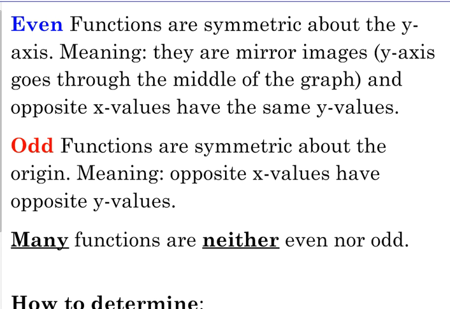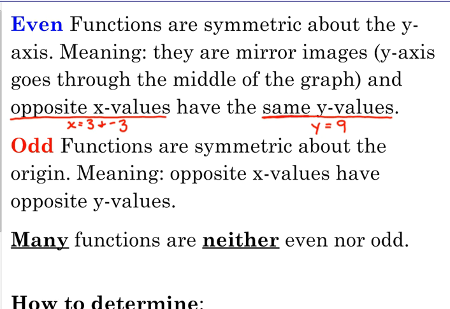But here's the key. Opposite x values have the same y values. Okay? Opposite x values have the same y values. So if I'm using x squared, for example, when I look at the table, x equals positive 3 and x equals negative 3 both have a y value of 9.